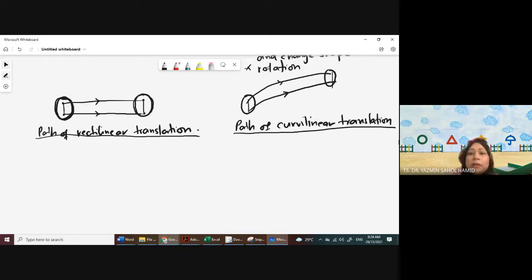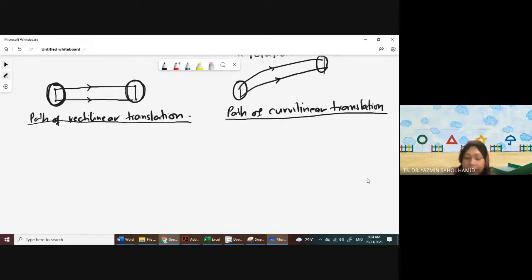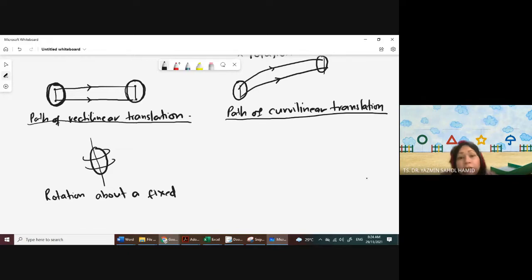Now there are two more types. You can also have a particle, and let's say this is the axis. What it does is it rotates. This is rotation about a fixed axis. Are you copying, guys? Yes.